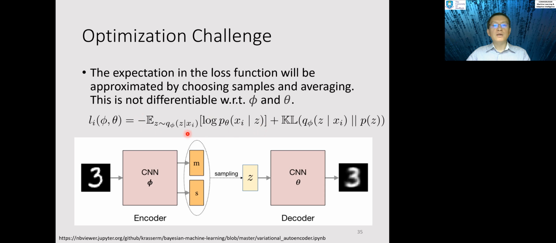But this is not differentiable with respect to phi and theta. That is a challenge because we cannot use stochastic gradient and autograd on the learning problem to optimize the parameters.